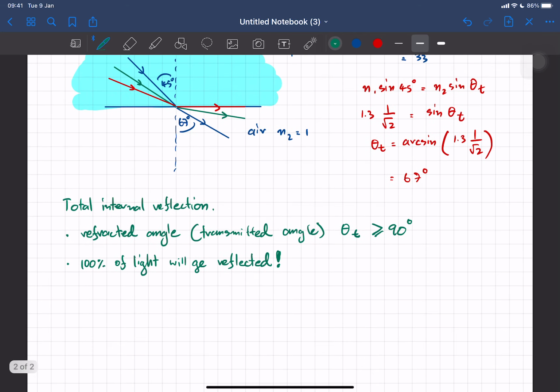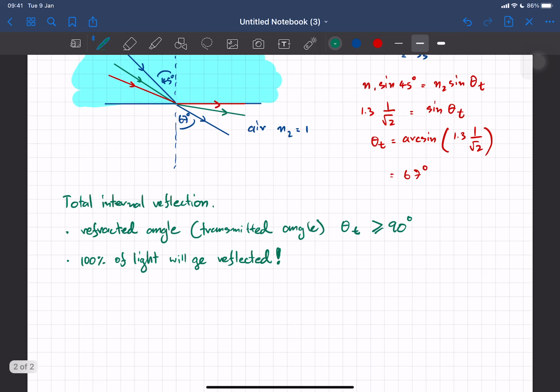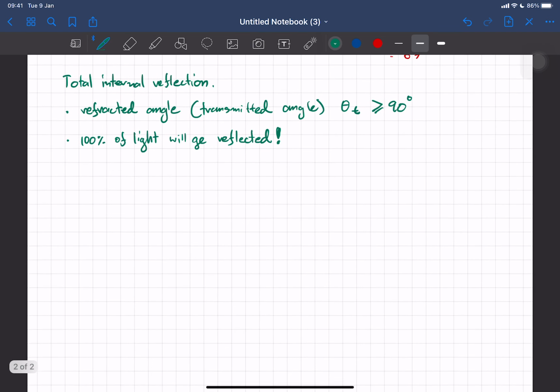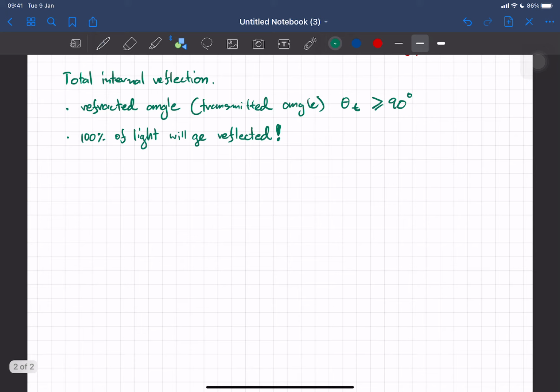Okay. So let's try to calculate when that happens. So let's take the water to air interface again. So we have water and then we have air. And let's say we want to go into the interface such that the refracted angle, or the transmitted angle, is 90 degrees.